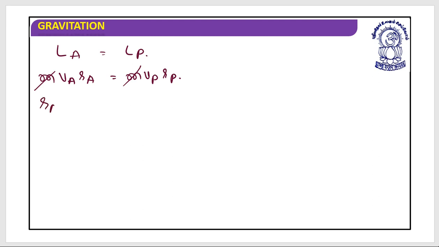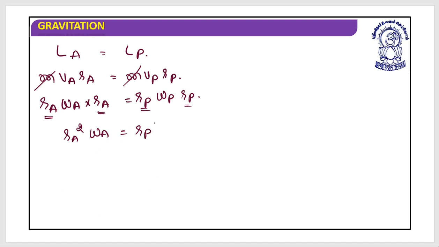So Va would be Ra omega A, into Ra, equals Rp omega P, into Rp. So it is Ra square into omega A equals Rp square into omega P. So omega A to omega P equals Rp square to Ra square. I hope this is clear.